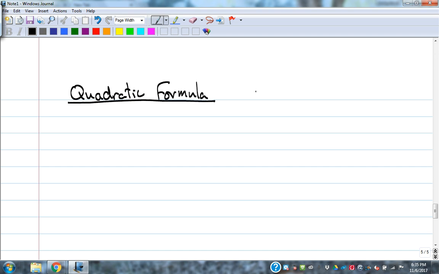Quadratic formula goes back to the form that it was in when we were factoring.